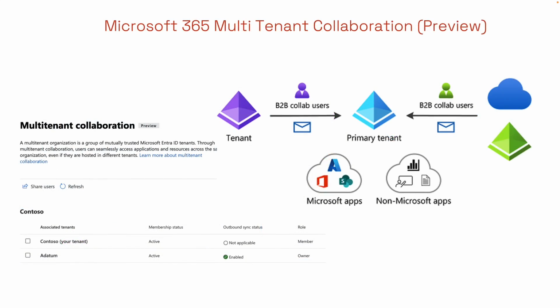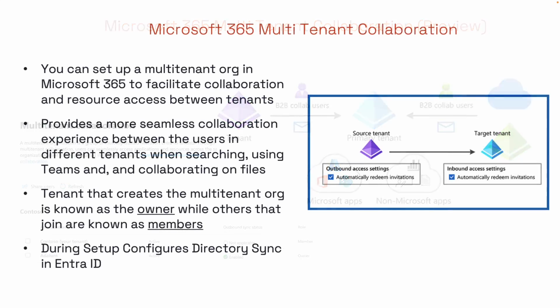So you can see here, on the left-hand side, in Microsoft 365, it's referred to as multi-tenant collaboration, whereas on the other side, it's talked about as cross-tenant synchronization. But as I said, it's typically the same thing.